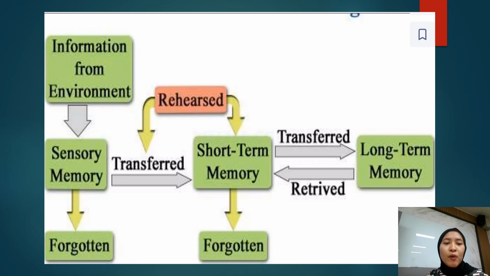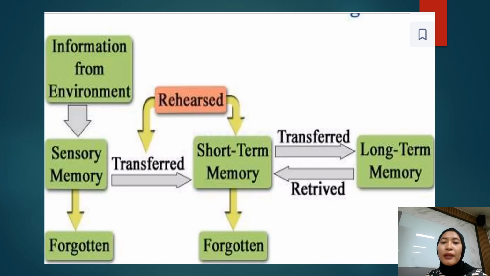So if the information is transferred into the short-term memory, then again, it will be processed. If the information is needed for longer use, then it will be transferred to long-term memory. If we no longer need the information, it will be forgotten.